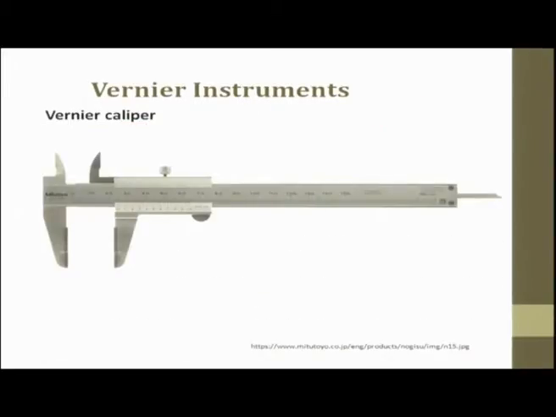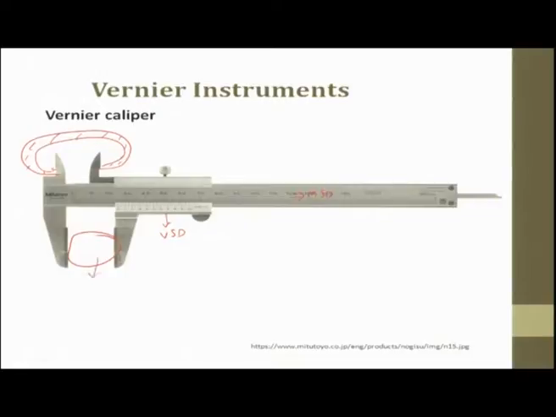So, this is the main scale reading and this is the vernier scale division. If you put a component here, this part can be used for external and this can be used for internal features. For example, I can put a component something like this.